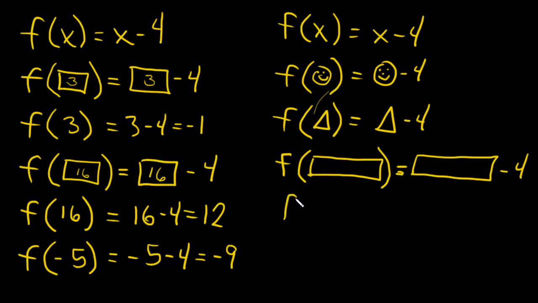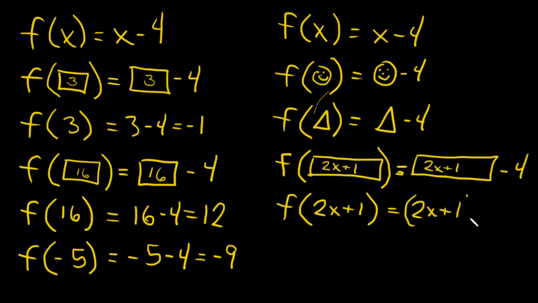So now, what if I put something larger into the big rectangle here? What if I put 2x plus 1 in? Well, if I think of it as just a container, I can then plug in 2x plus 1, and I'm going to wind up with the quantity 2x plus 1 minus 4.